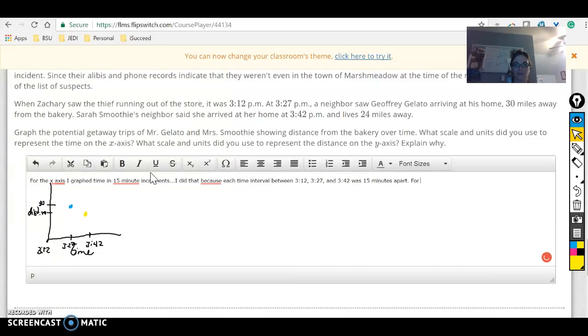For the y-axis, I simply used, approximately, because I certainly wasn't very careful here, 1 mile increments.